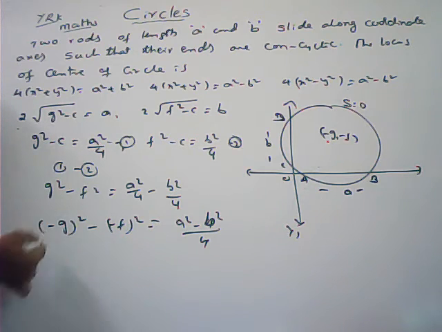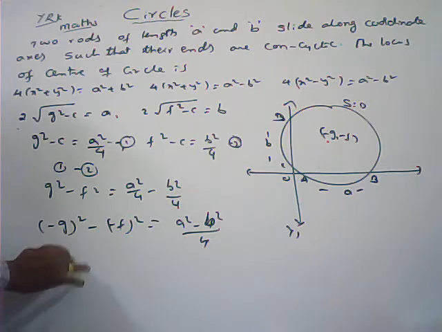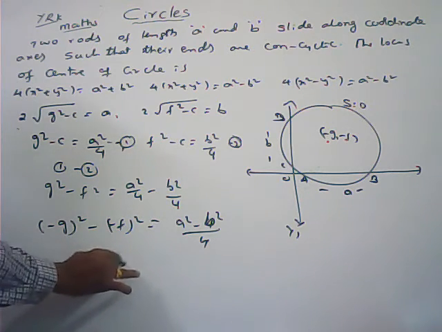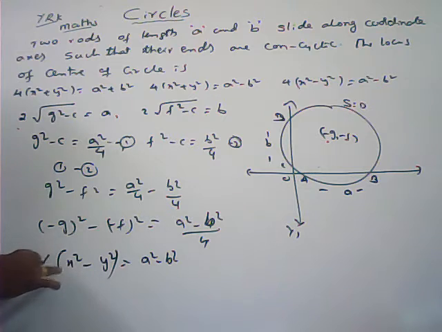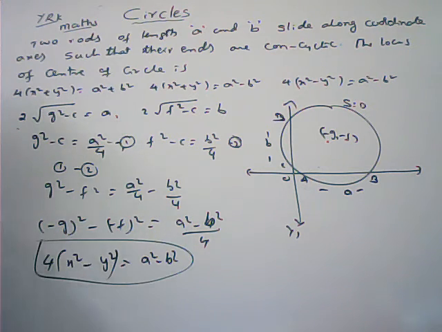After getting the result, in the place of minus g, minus f, we can write x and y only. x square minus y square is equal to (a square minus b square) by 4. Transpose this side. This is the locus of the center of the circle. Whatever we assume for the locus of the point, after getting the result, in the place of that we can take x and y.